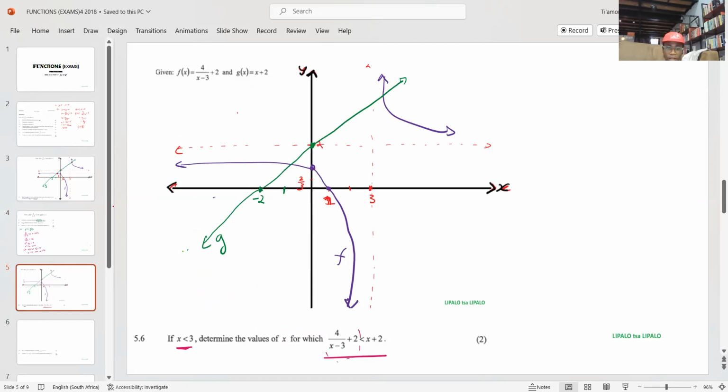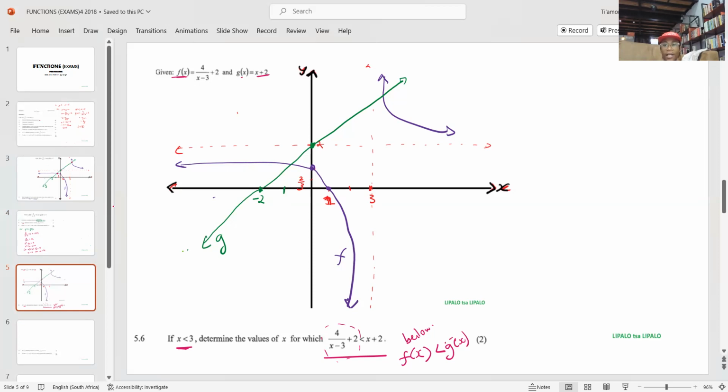This thing represents f, so this is the same f, then less than what? x plus 2. What is x plus 2? It's g. These are just representations. So they want where f is below g. Do you understand? This is how they can try to confuse you.